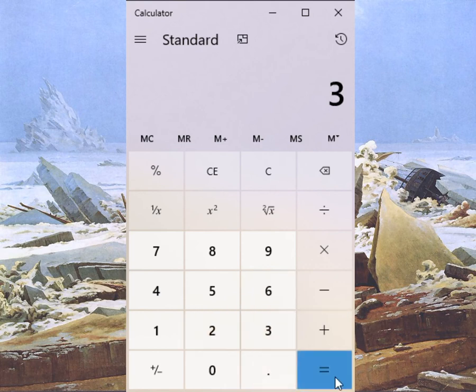So let's start with 3 divided by 2.5. First digit is 1 times 2.5. Next digit is 0 times 2.5. Next digit is 1. And let's just continue this.